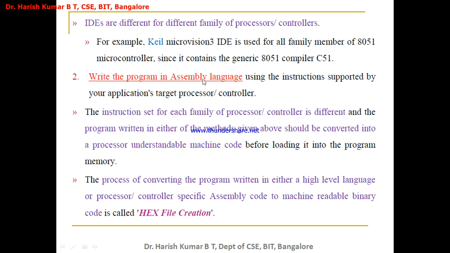Now when you are writing an assembly level program, and if you want to transfer the same thing to the microcontroller, whether it is an assembly program or an embedded C program, it has to be converted into the hex file. And in the previous classes I have shown you how to convert it into the hex file. When I explained the stepper motor and DC motor programs, I showed you how to get the hex file from the embedded C program.